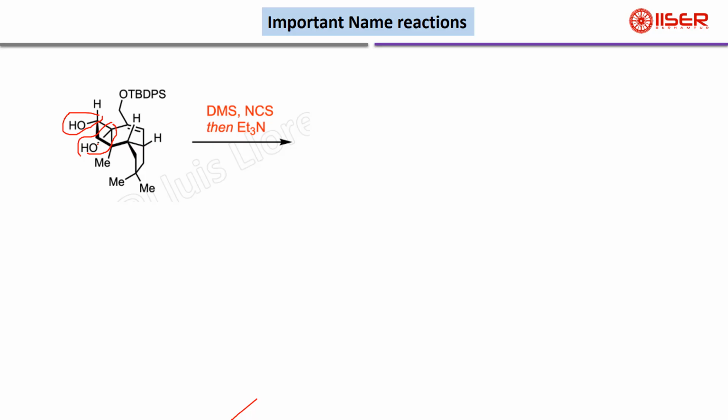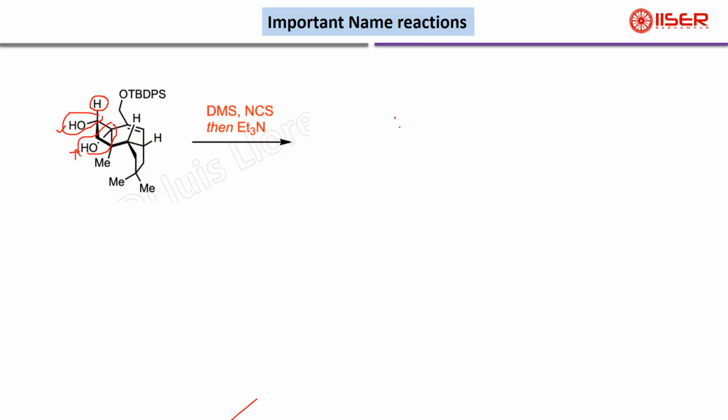As I already mentioned, there should be at least one hydrogen on the alcoholic carbon. There is no such hydrogen available for elimination on this one, so this OH will not react, but the other will undergo oxidation.